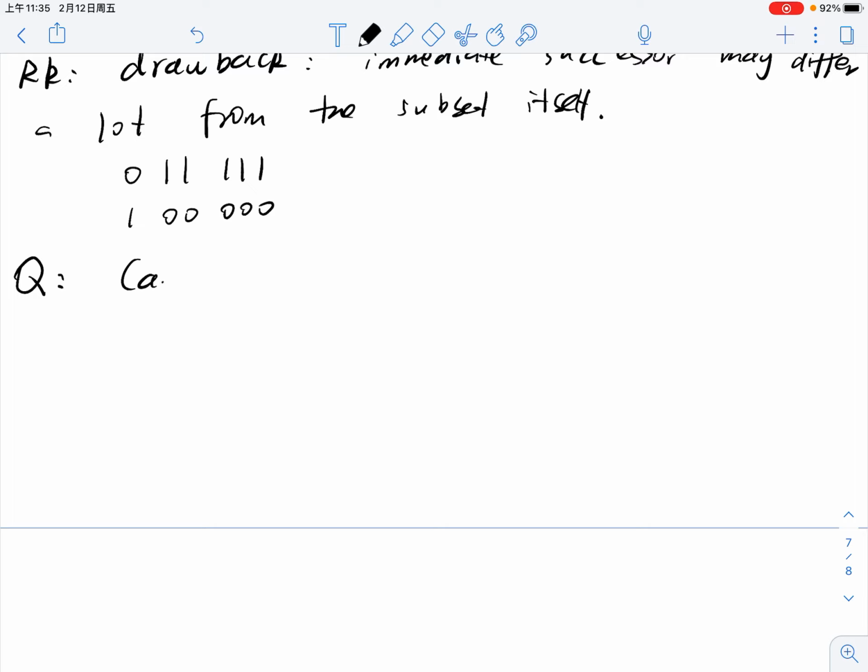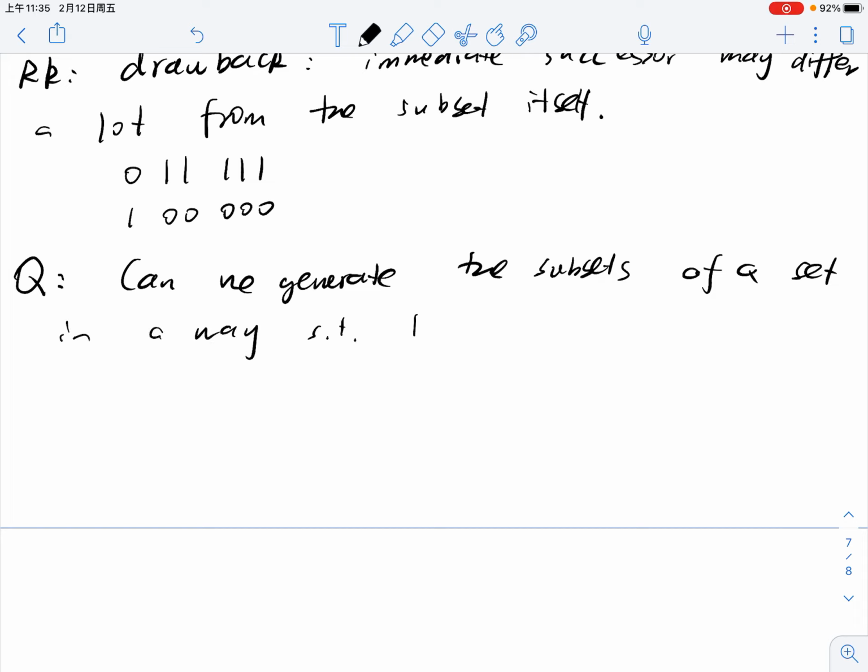So our question is, can we generate the subsets of a set in a way such that the immediate successor differs as little as possible?